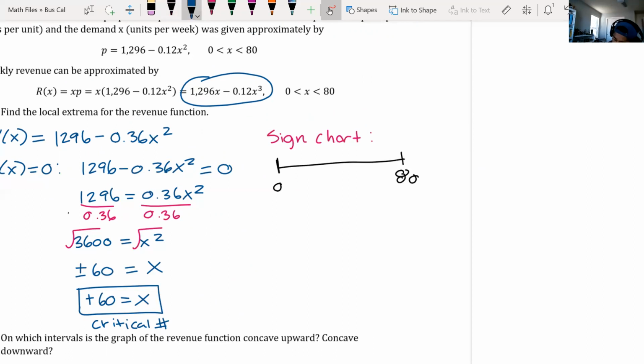And I just plot my 60 right there in the middle. And all we want to know is, is this 60 going to be a maximum or a minimum? So we have our intervals, 0 to 60, and 60 to 80. And then we'll do our test numbers.